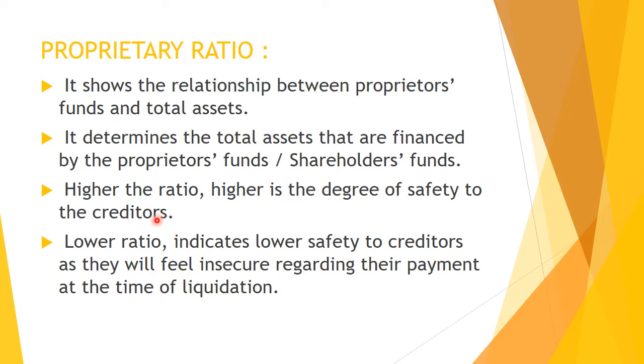A time when the company is going to shut down or is not going to continue any further. So at that time they feel a little bit insecure. Will we get our money back or not? Whether we have invested in a correct company or not. The lower ratio indicates that their money is in a danger situation. So the lower the ratio, lower the safety. Higher the ratio, higher the degree of safety. This is what the proprietary ratio is all about.